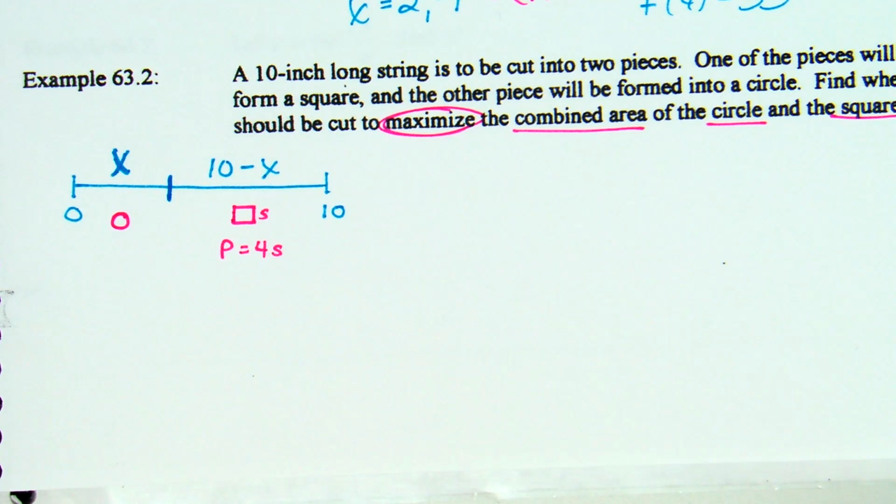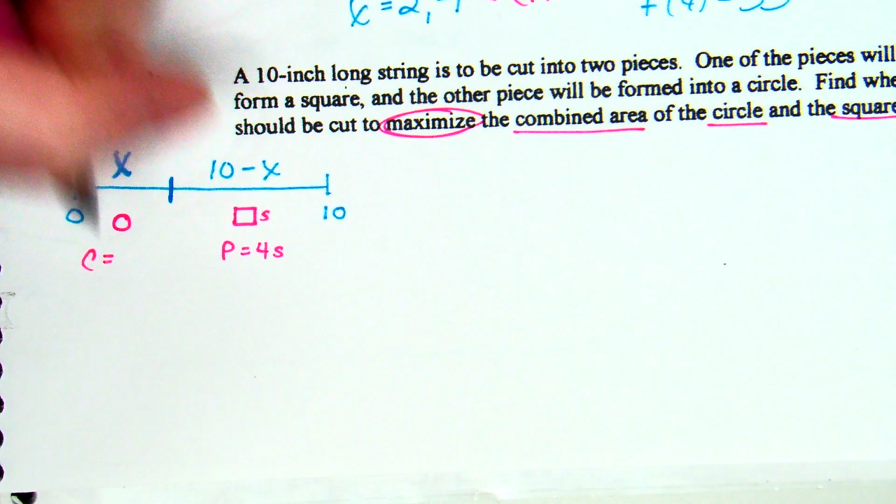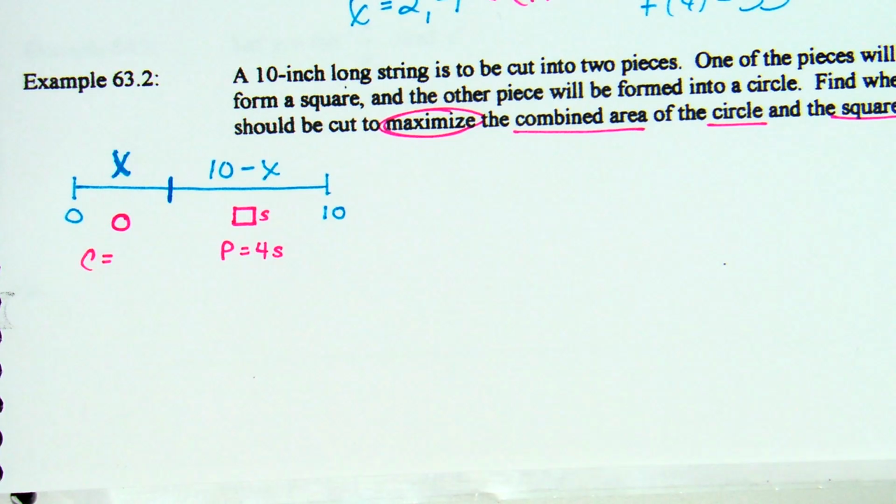What about the perimeter of a circle? Circumference, right? Distance around a circle, circumference. What's the formula for a circumference? There's two of them, depending if you use R or D. I'm going to use R. That's the one that's not the area.